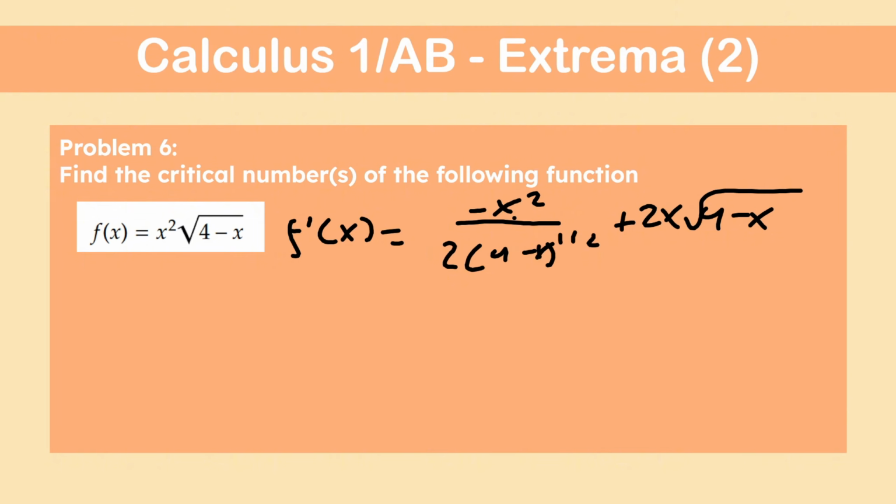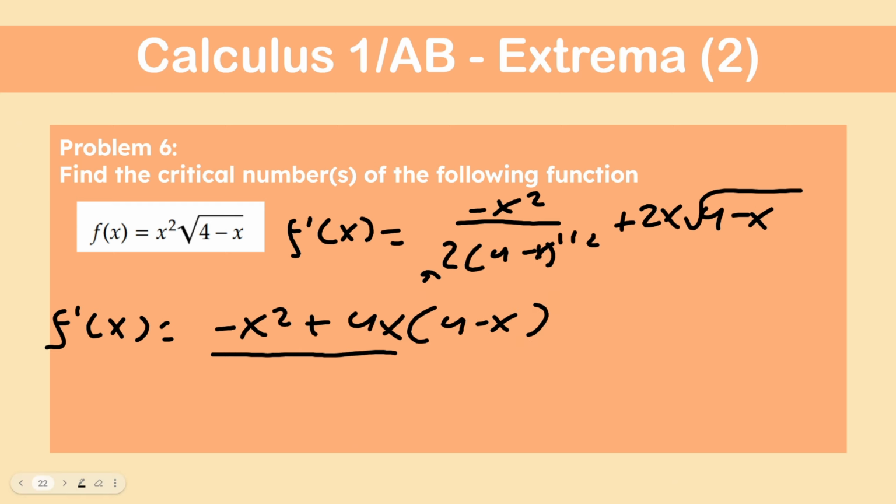So if you were to combine these two, you can say that f prime of x is equal to negative x squared multiplied by 4x, because there's a 2 right here. And when we put this into one term, we're also going to multiply by the denominator so that it stays the same. So we multiply 2x by 2 square root of 4 minus x by square root of 4 minus x, which turns it into just itself, which is 4 minus x, all over 2 square root of 4 minus x.